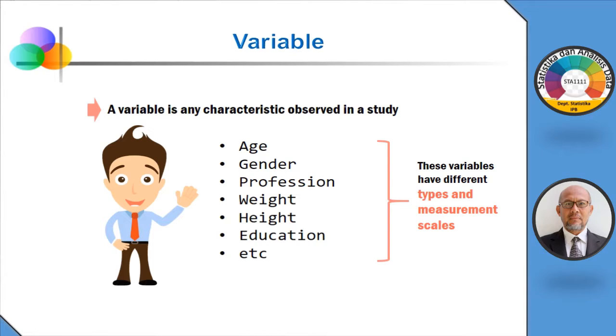Variable is defined as any characteristic observed in a study. For example, age in year, gender, male and female, profession, lecturer, for example, or doctors, weight, for example, 60 kilogram, 70 kilogram, and so on.